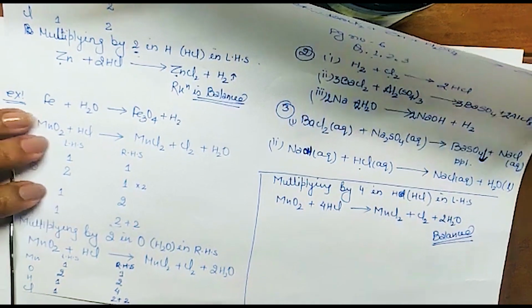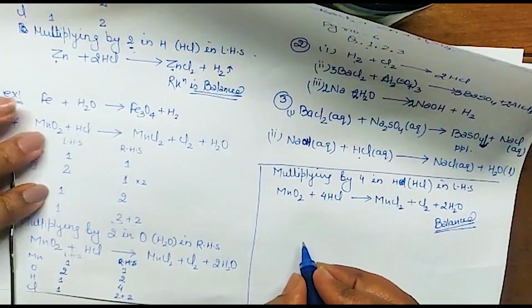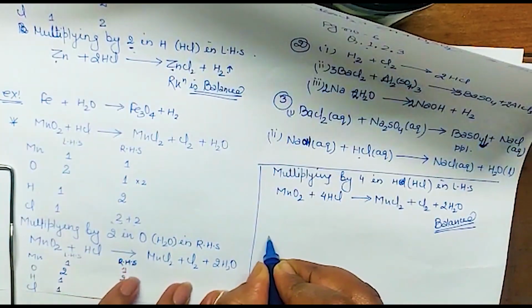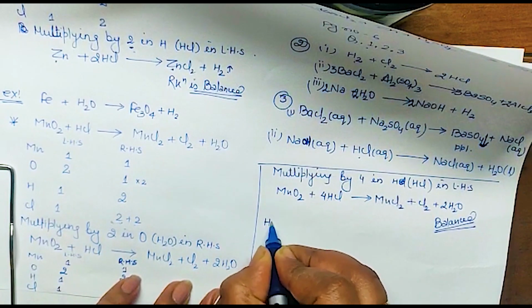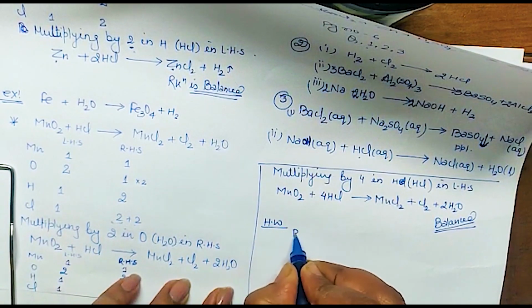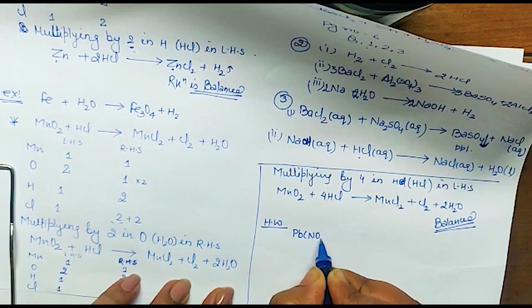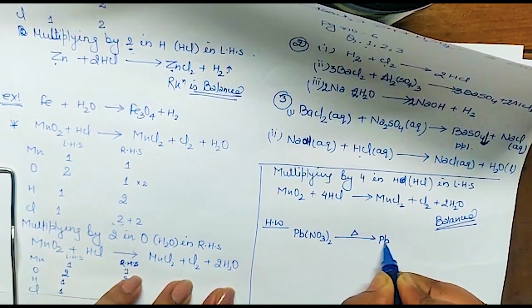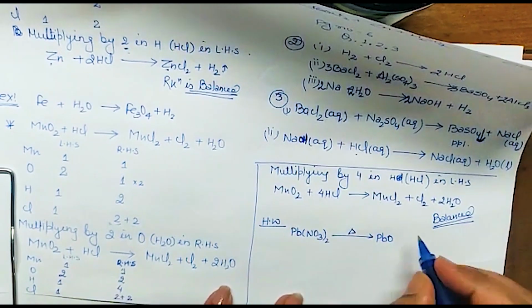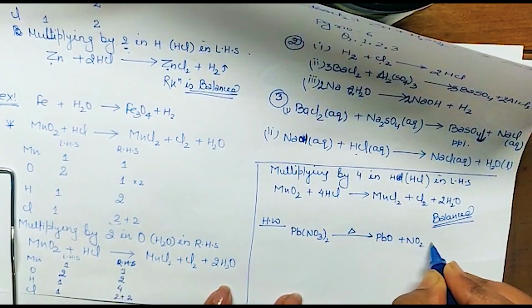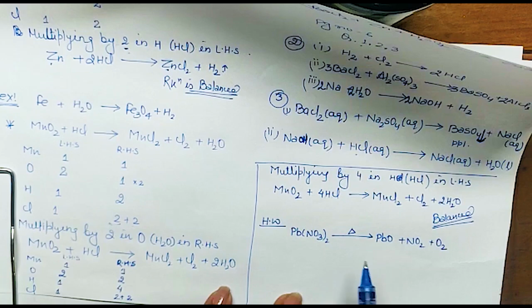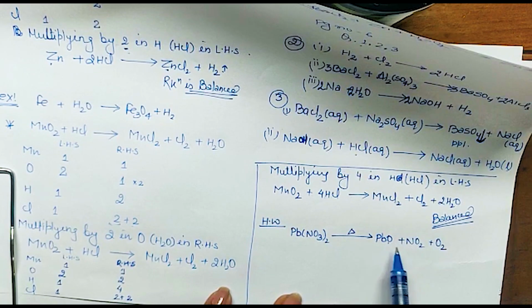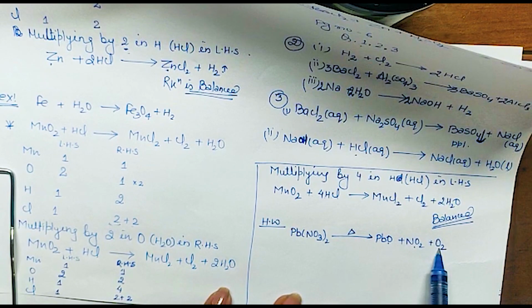So I'm giving again 2-3 reactions you have to balance, like homework. You can write PbNO3 when it is heated, it gives PbO plus NO2 plus O2. Similarly, on this side oxygen is 1 plus 2 plus 2 you have to write. Got it?